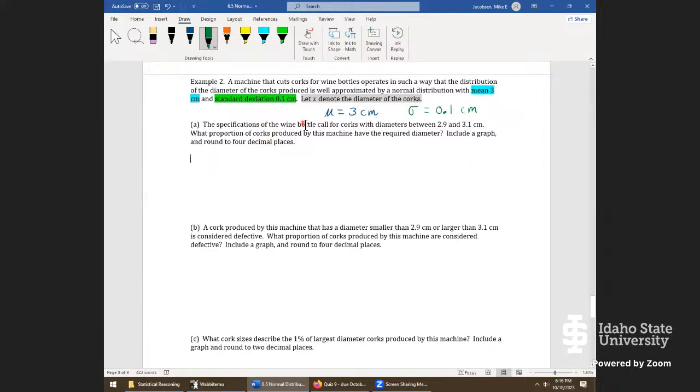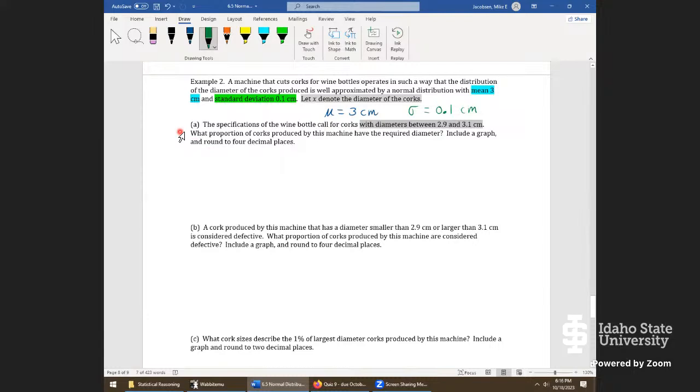Now that we've broken down the problem, pulled out some information from it, here's what the question starts to read. The specifications of the wine bottle call for quarks with diameters between 2.9 and 3.1 centimeters. So that's good information. We want to know what proportion of quarks produced by this machine will have the required diameter.